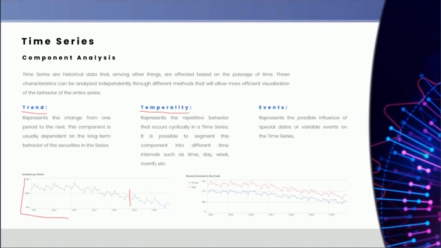It can be associated with a season of the year or events with which the indicator is involved. And talking about events, the events represent the influence of special dates or specific events to the indicators. These don't have to be repetitive. It could be an example, opening a new store, or maybe a new campaign for sales.